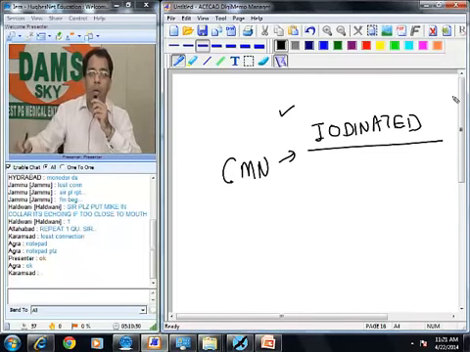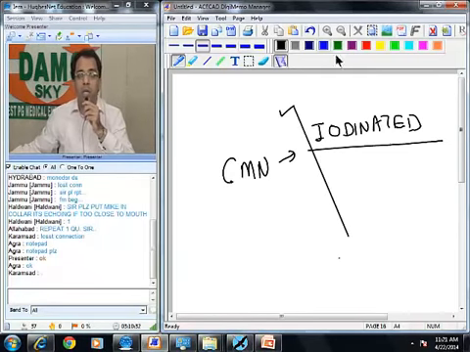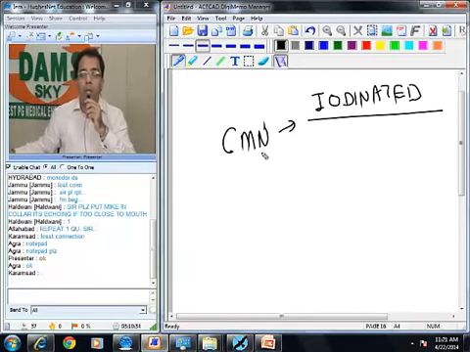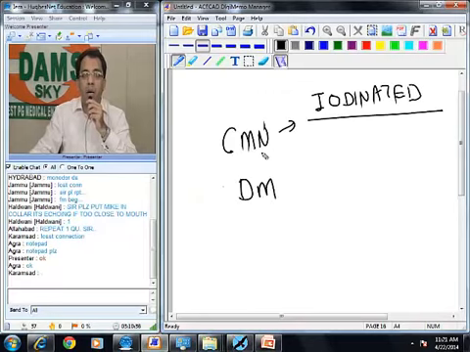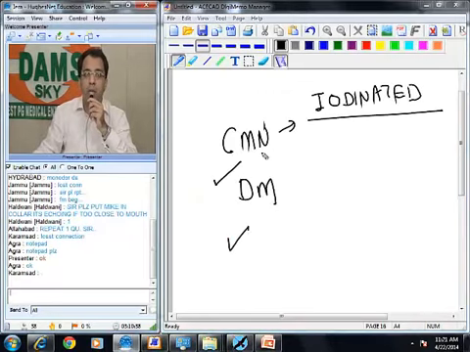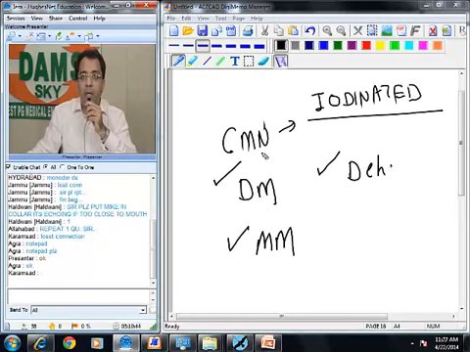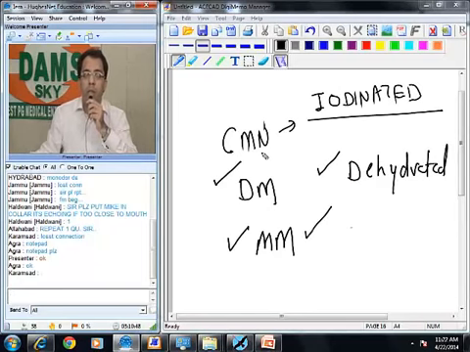Now in which patients is there more chance? Please remember, diabetics are at a high risk for nephropathy, as are people with multiple myeloma, people who are dehydrated, and those with pre-existing renal disease.